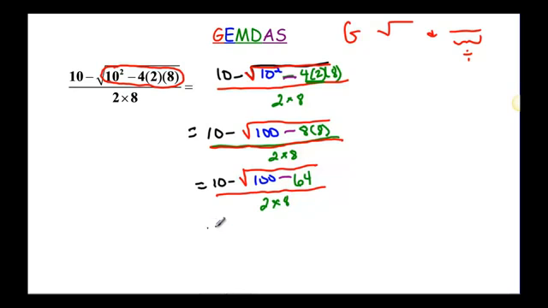So, continuing on. 10 minus the square root of 100 minus 64. And that happens to be 36. And then divided by 2 times 8.